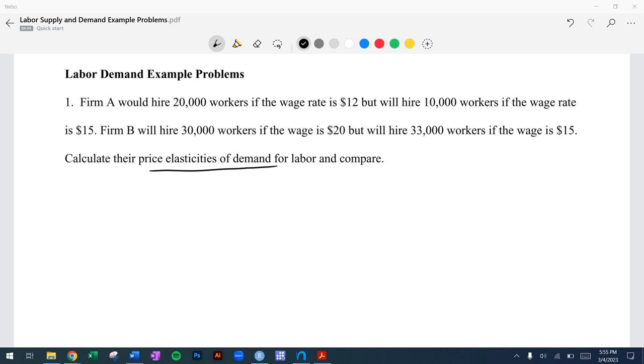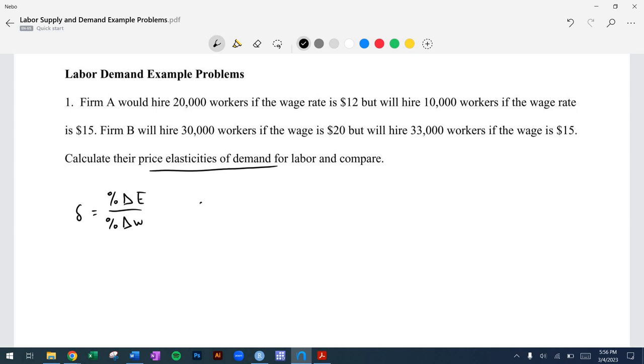One, we will be using the formula for elasticity as the percent change in the quantity demanded, which is ultimately going to be the change in the number of workers, over the percent change in wage. So percent change in quantity demanded over percent change in price. In labor economics context, it's the number of workers over the wage.